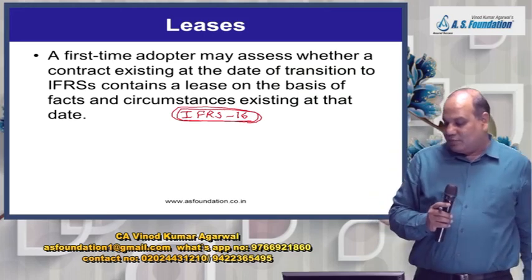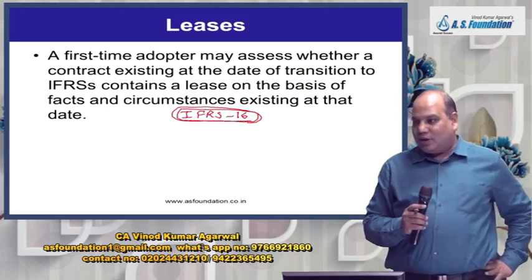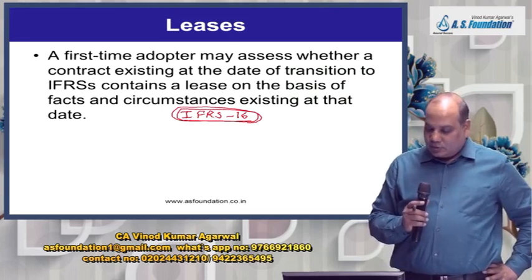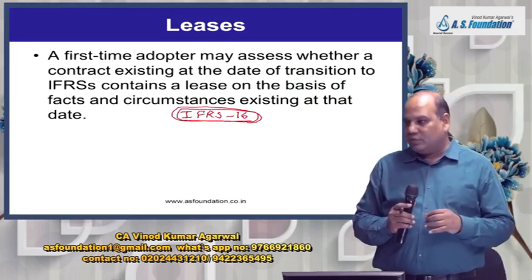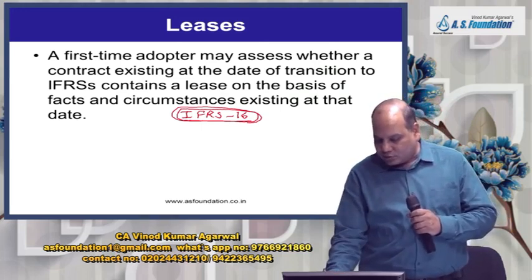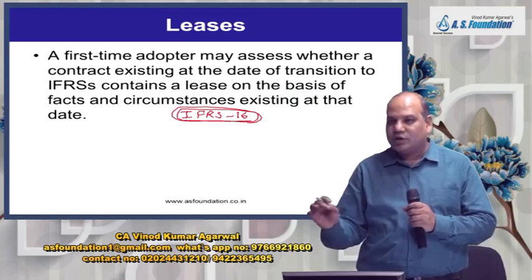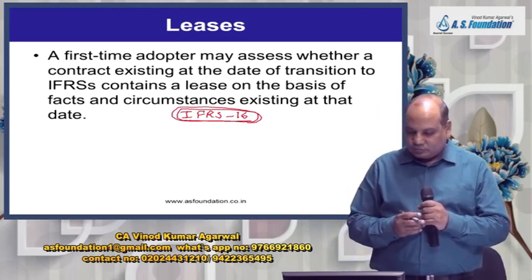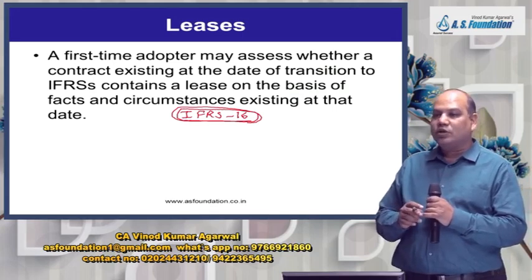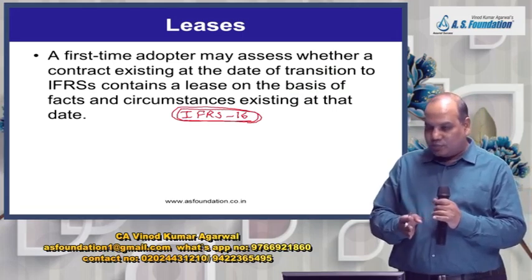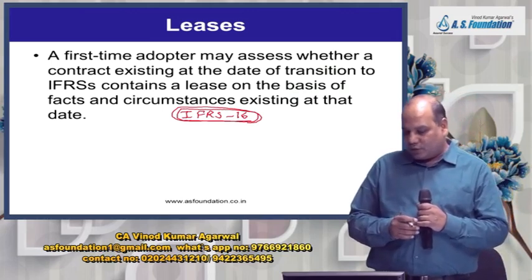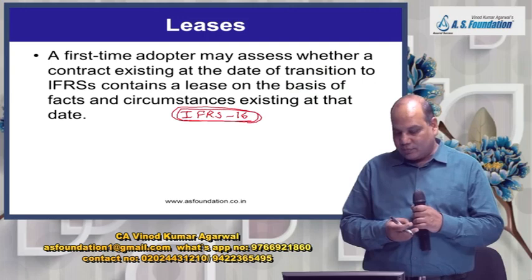So that assessment will be done on which date? On the date of transition. Whatever you have done previously, you continue to follow that. And then lease accounting IFRS 16 also gives you the transitional provision, how you will move from old GAAP to new GAAP or old IFRS, but that was also old IFRS.